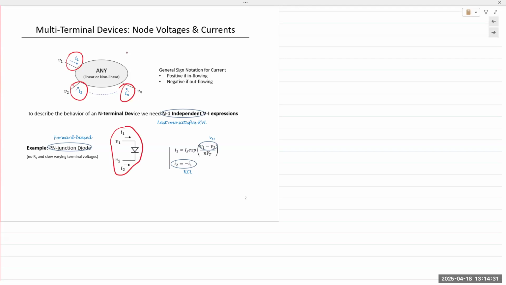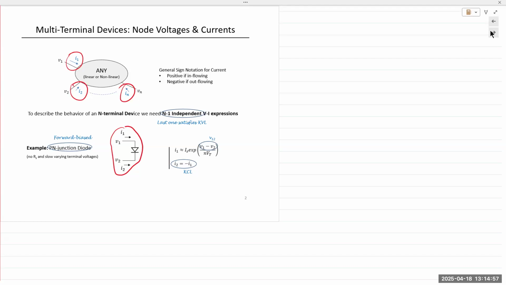The difference in potential between the anode and cathode depends on the geometry, the material, and the doping profile. We can describe the voltages at either end of a diode as V1 and V2, and we can still say, for explanation purposes, that currents are entering into the terminals.